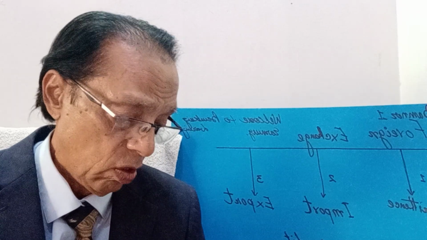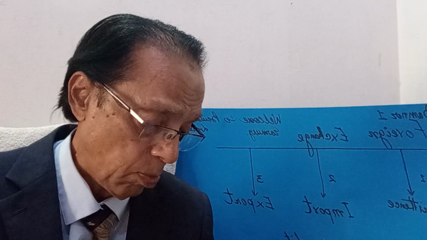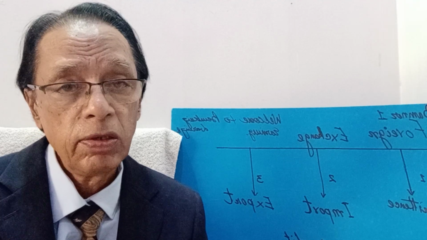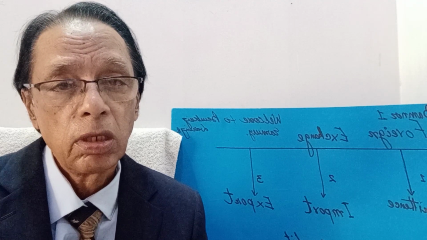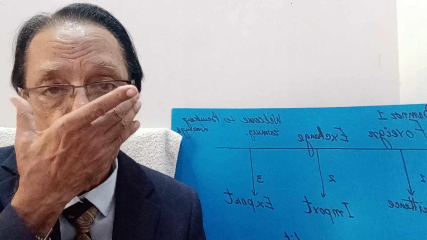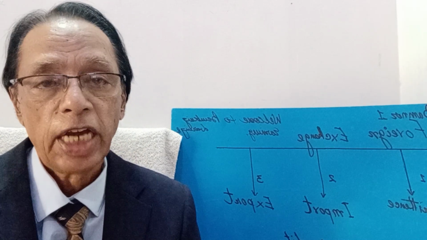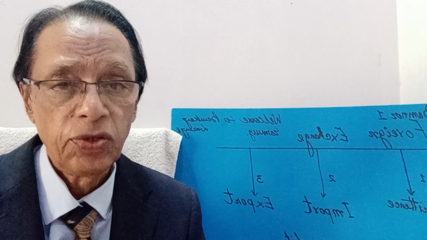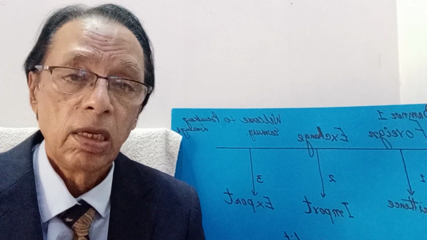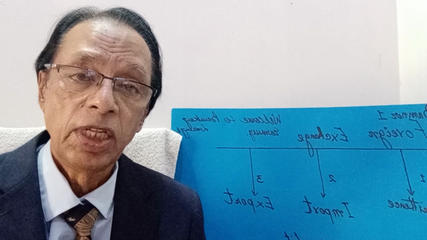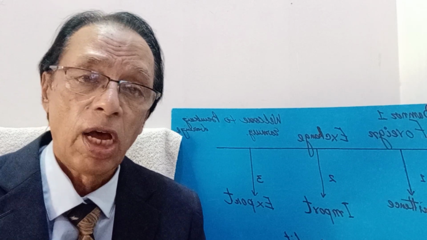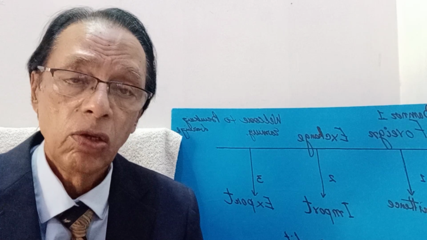Number 3, source of information abroad. Which source your customer adopts to get order? Chamber of Commerce, embassies, the customer will visit the embassies and their business program or any information you have to collect.